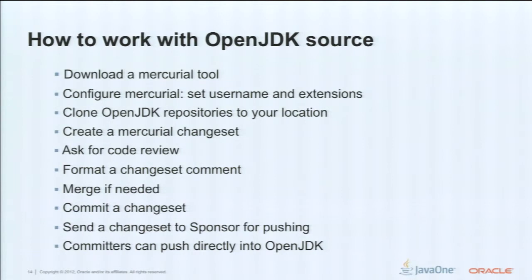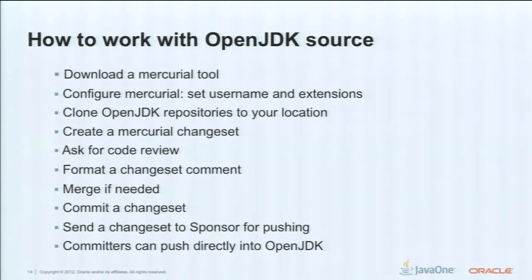And if you, for example, create a change set which also modifies another change set that other developers are working on, what you need to do is merge those two change sets. So you need to bring over the change set from other developers and then do a merge, if it's needed. After that, you need to commit the change set into your local repository.